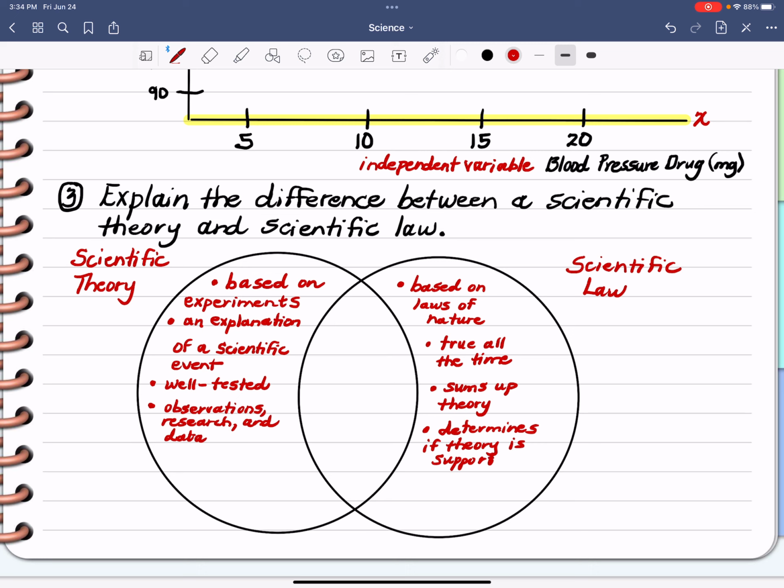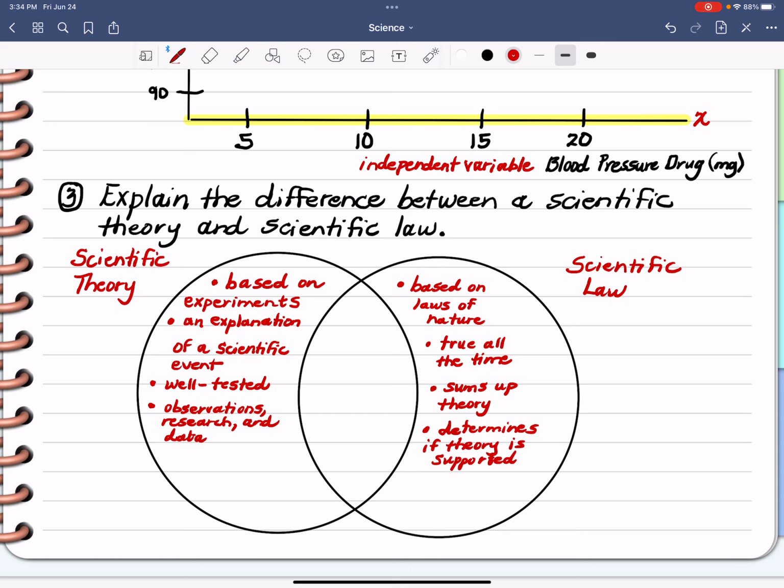So experiments suggest to us that theories are true or are not true. They're supported or rejected. But scientific law, there's no argument. It is true all the time. It is the way nature sets things up, not how man interprets them.